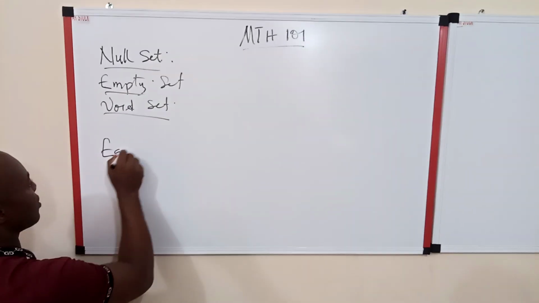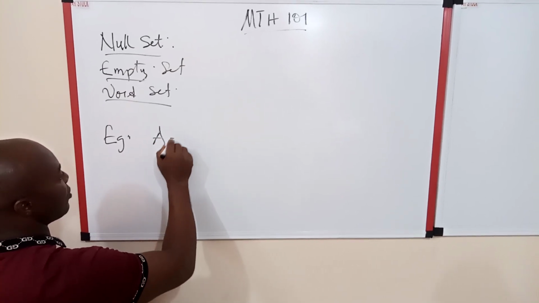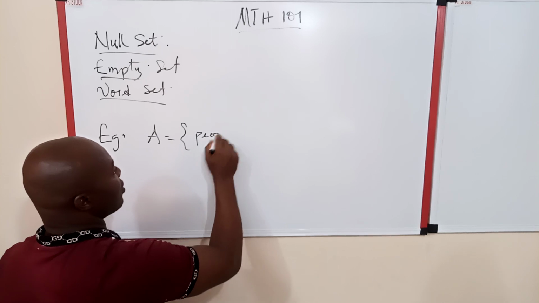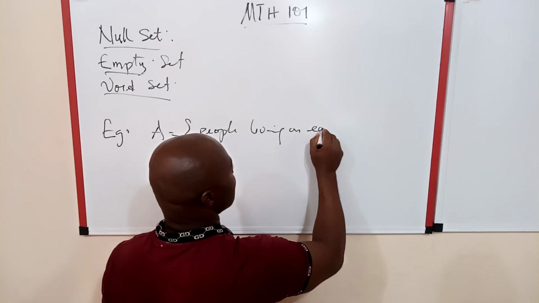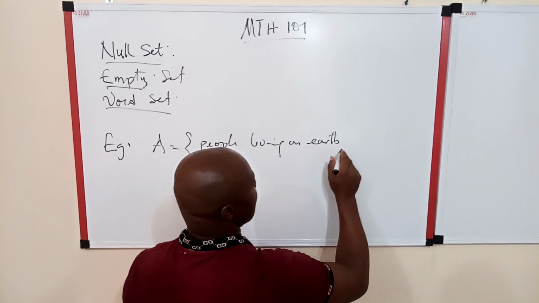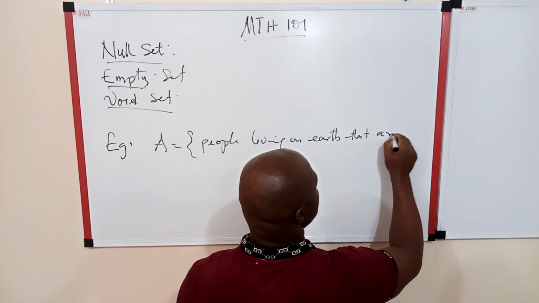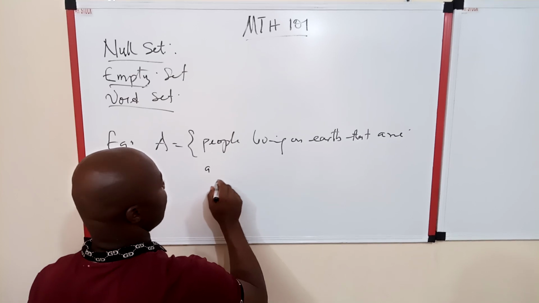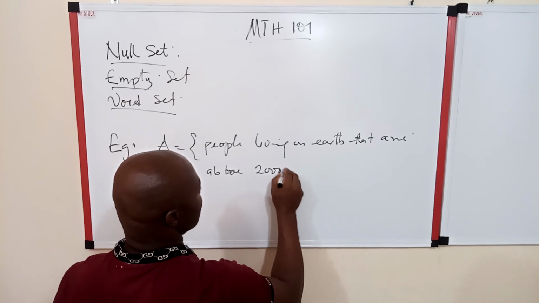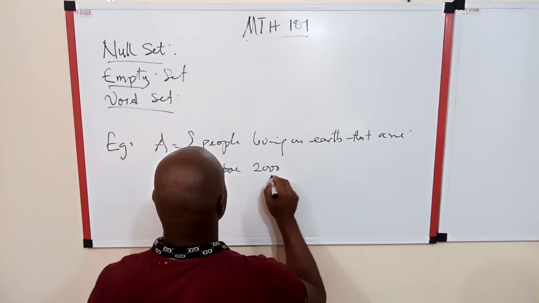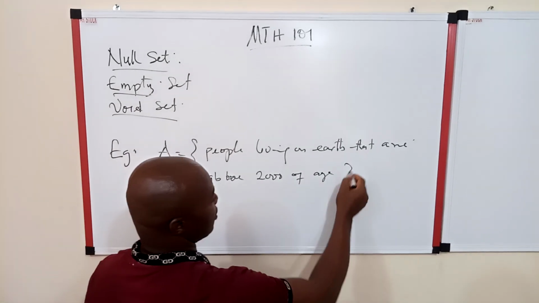Example. A set of people living on Earth that are above 2,000 years of age.